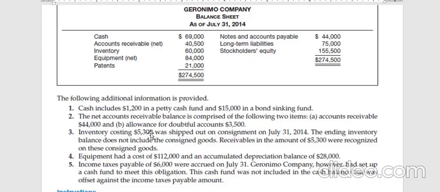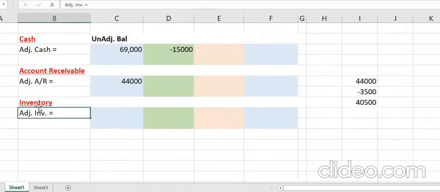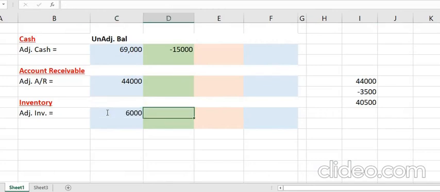This 5,300 should be present inside this inventory balance of 60,000. It means this needs adjustment. Inventory needs adjustment. Okay, so what is the balance? 60,000. I will shift this inventory balance here, 60,000. This is the unadjusted, and this 60,000 needs adjustment.